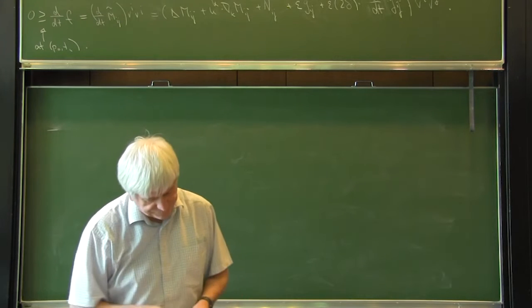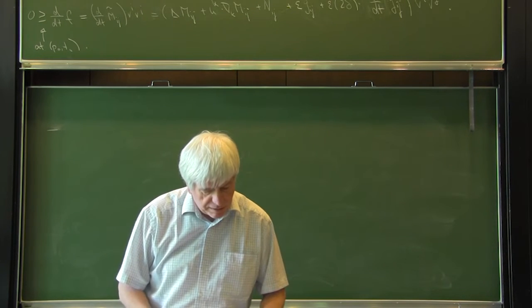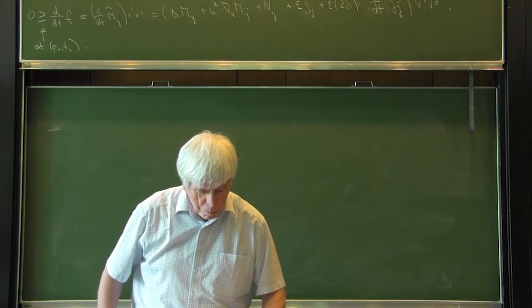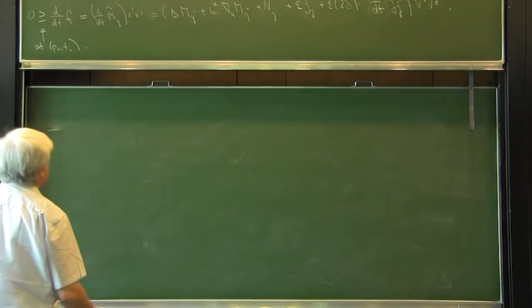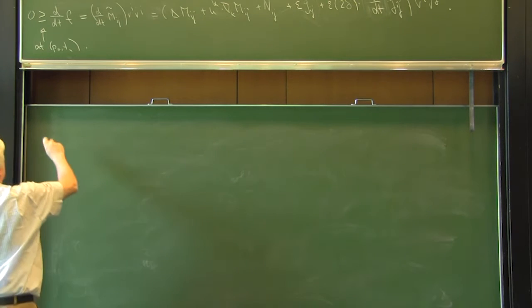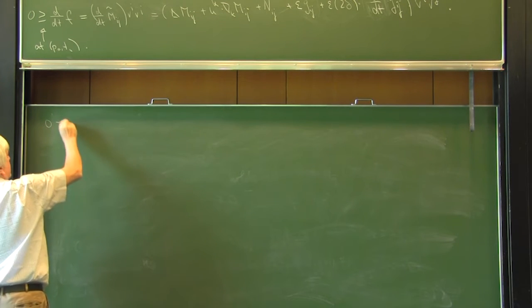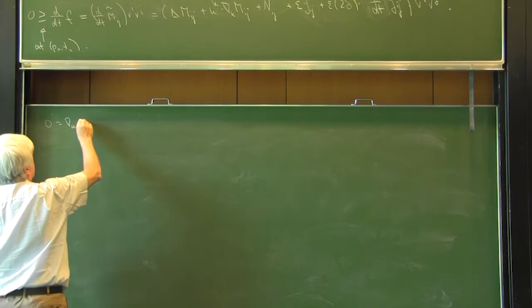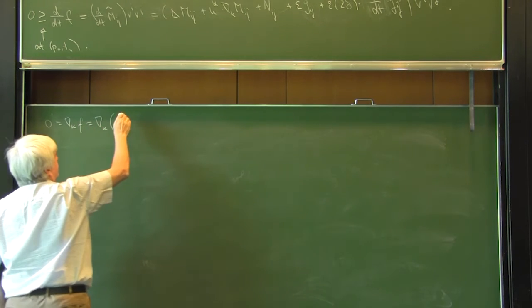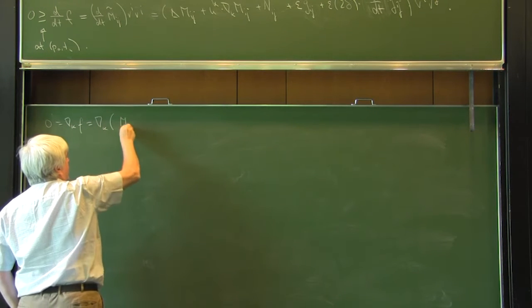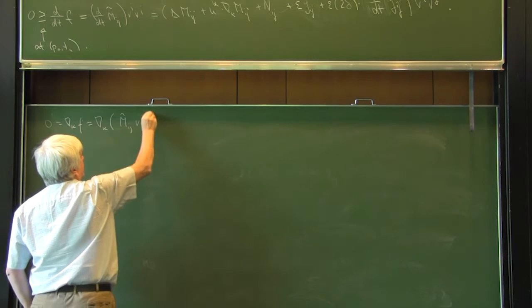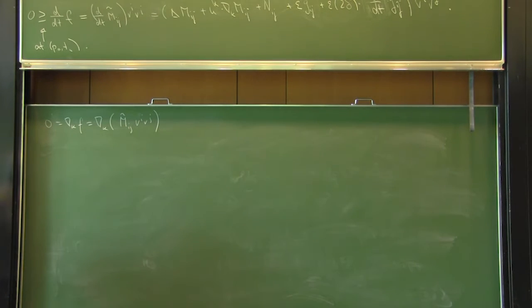Now, on the other hand, we can compute what the condition on gradient k of f means. Well, this is gradient k of m tilde ij vi vj.